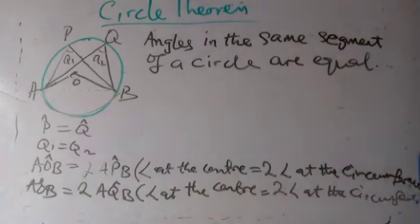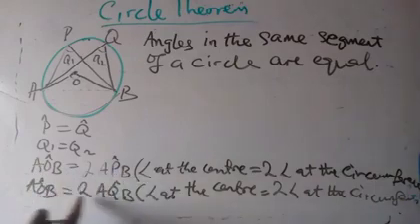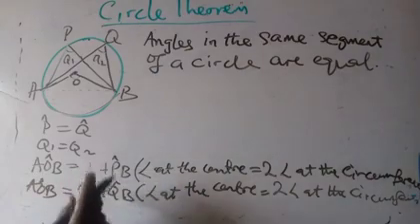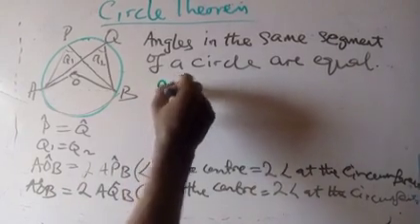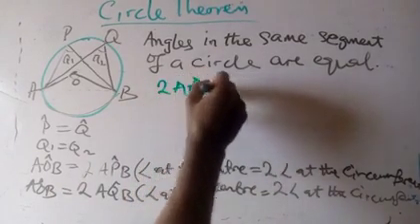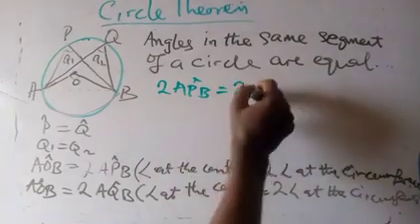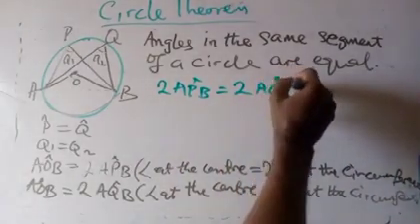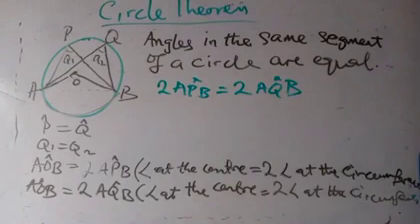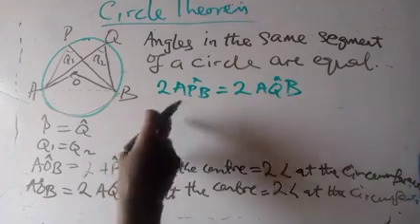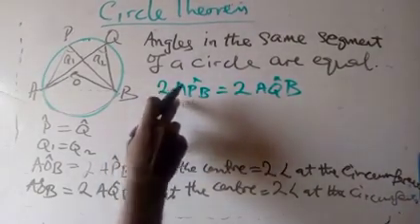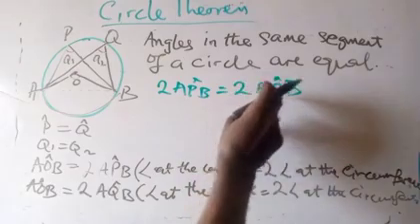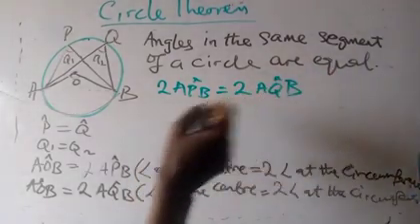Okay, so if AOB equals this and AOB equals this, we can say that 2APB equals 2AQB. What's the common factor between the two?